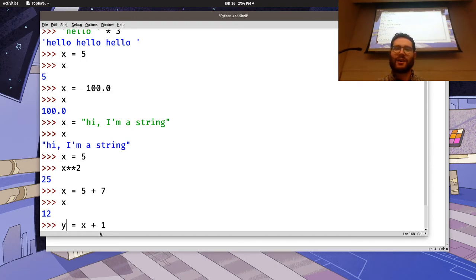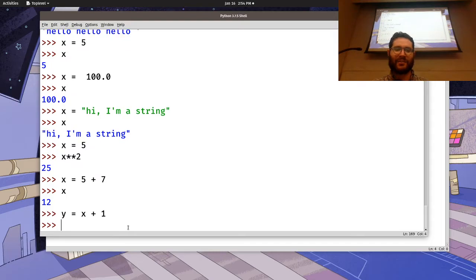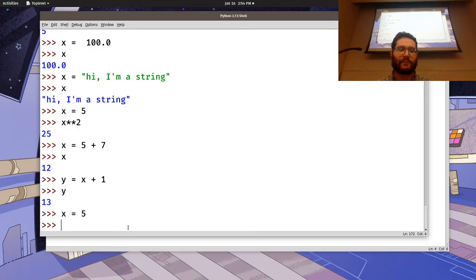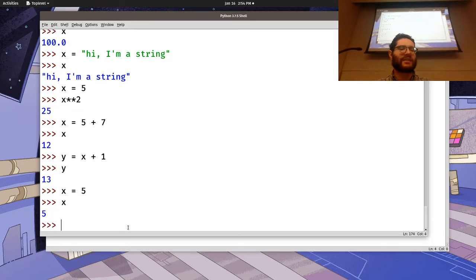Okay, we evaluate it. What does it evaluate to? 13. And so now y's value is 13. Now, this is kind of important here because this is what works differently than in mathematics, right? If I were then to say x is equal to 5, that will change x's value.